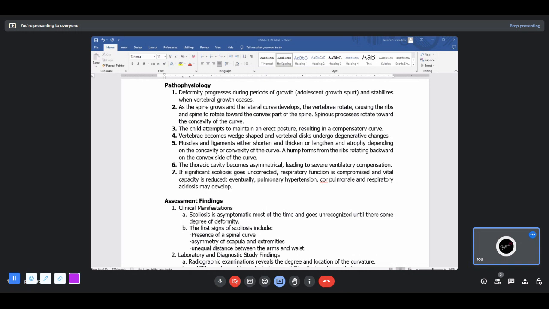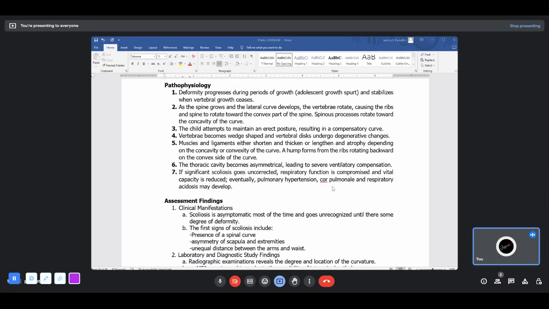One affected organ is the lungs. And eventually, pulmonary hypertension, cor pulmonale, and respiratory acidosis may develop. Pulmonary hypertension is when the pressure in the blood vessels leading from the heart to the lungs is too high.